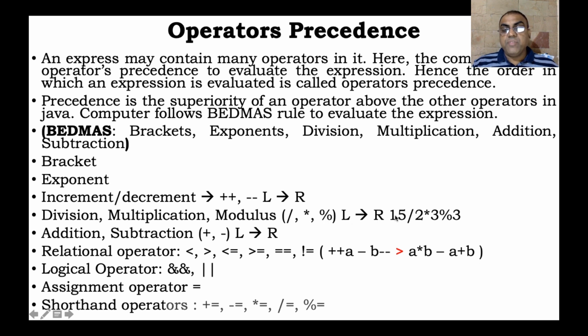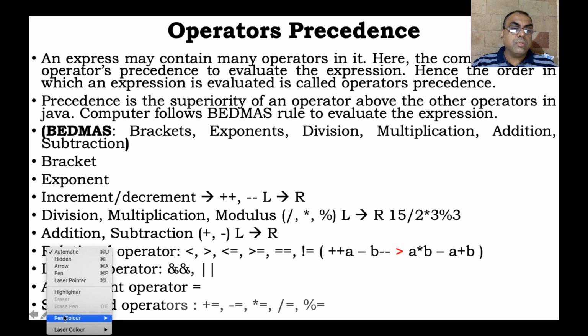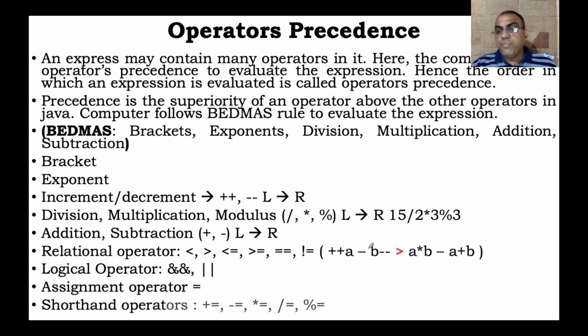For example, if I say 15 slash 2 into 3 modulus 3, then the computer will definitely work on 15 slash 2 first. Let me just show you here. Okay, we've got a red color pen. So here you will find 15 slash 2. 15 divided by 2 is 7. The computer will evaluate this first, integer divided by integer, into 3 mod 3.